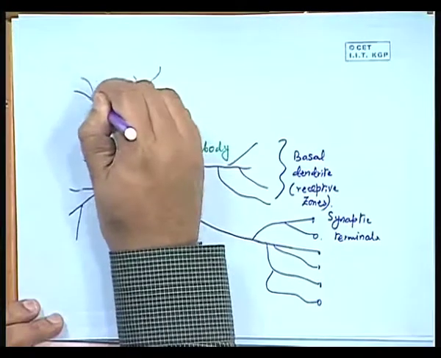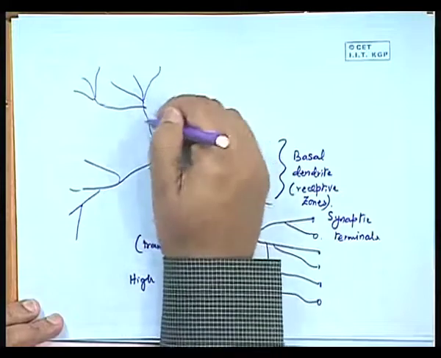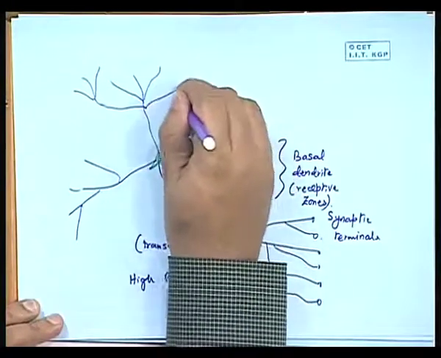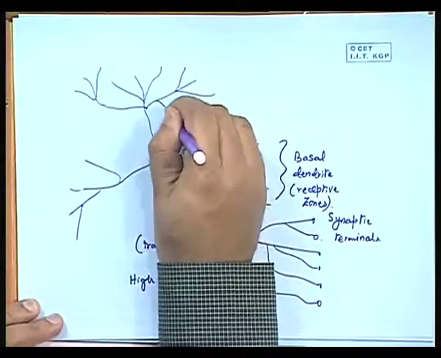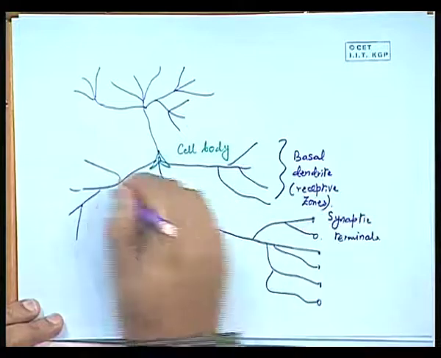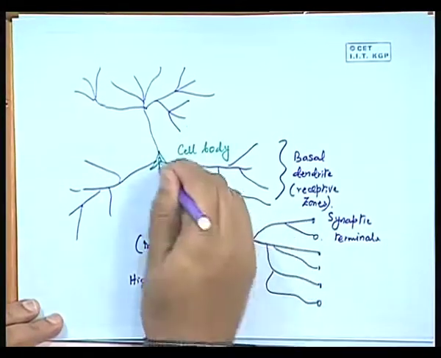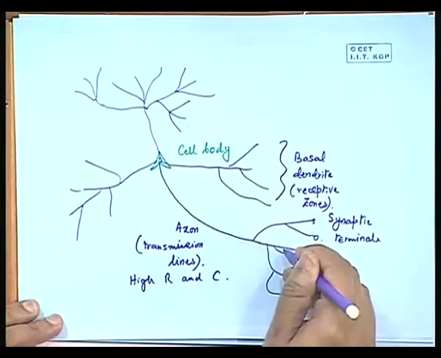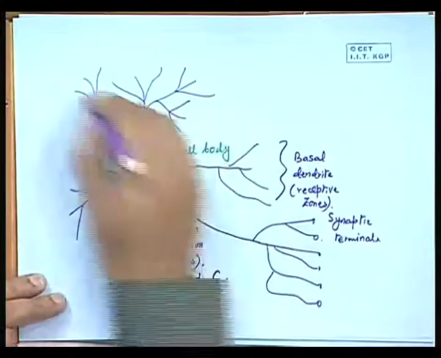In fact, as compared to the axons, the dendrites have more number of branches. Whereas dendrites are much smaller as compared to axons. Typically, the lengths of axons are much larger than that of the dendrites.